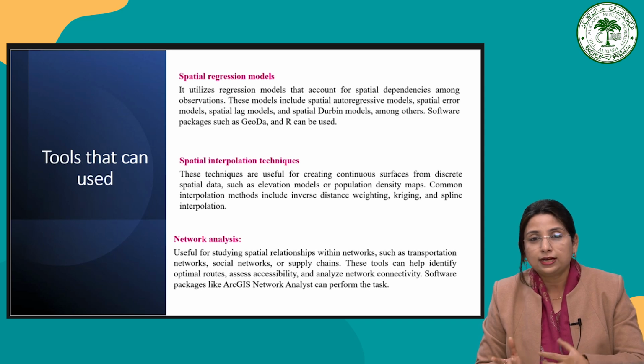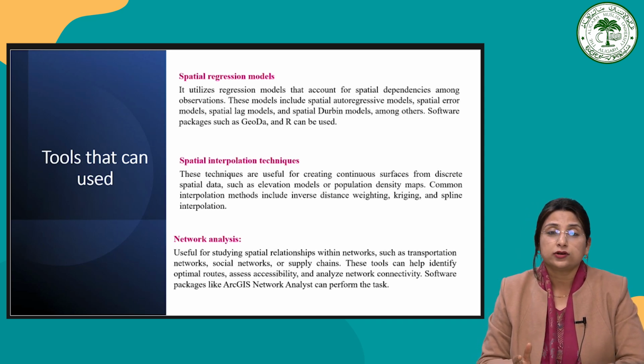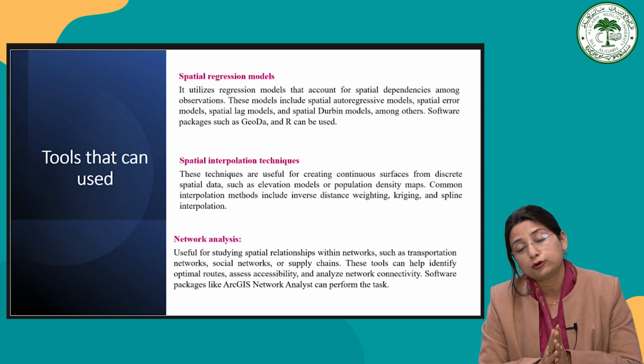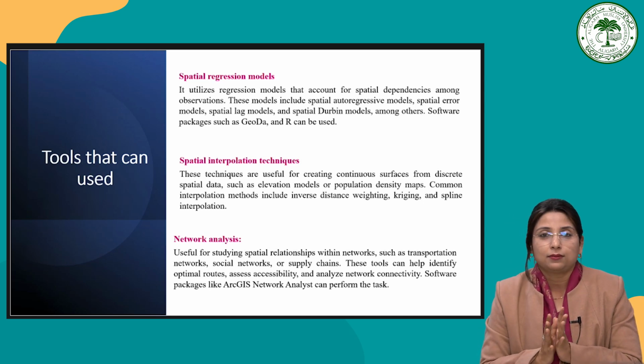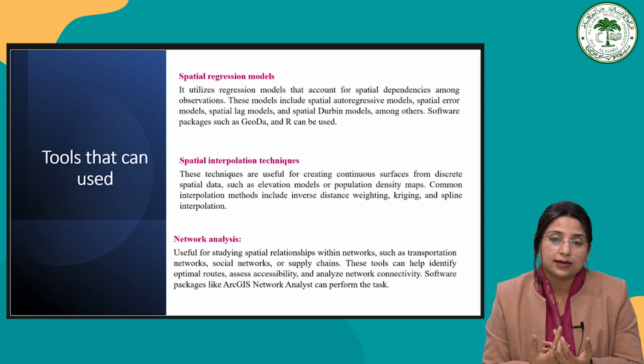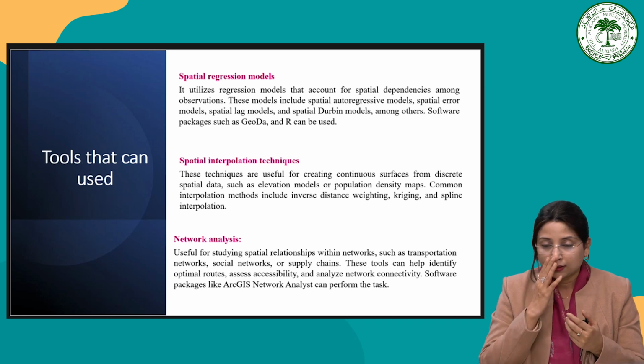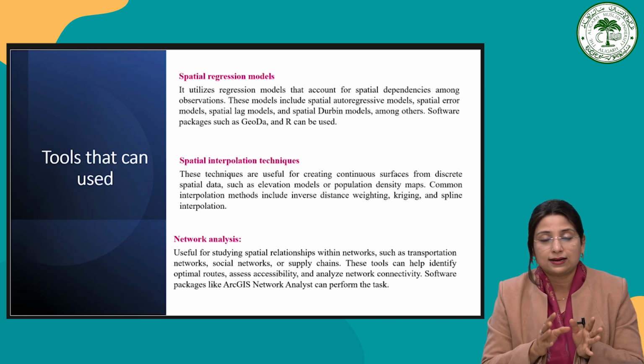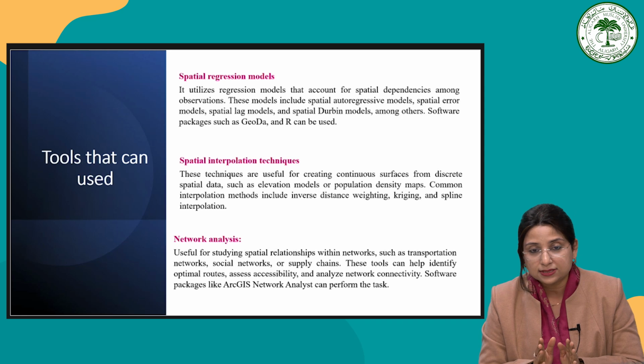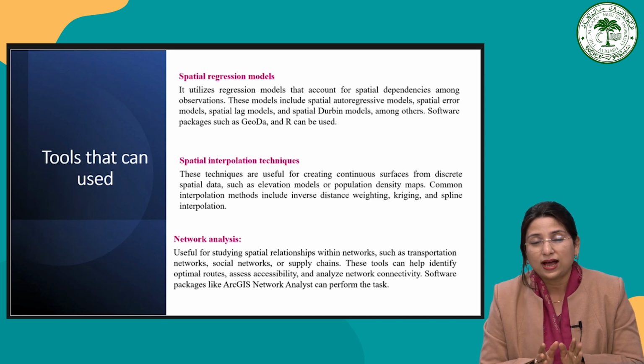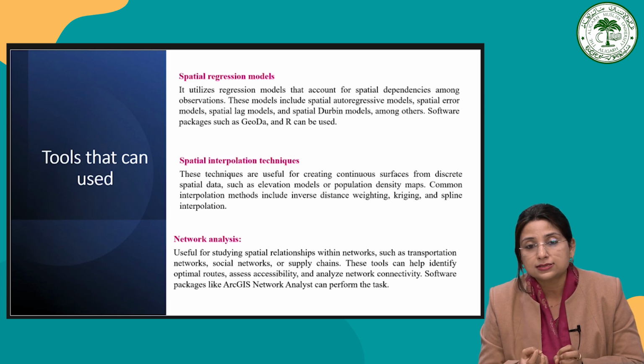Because many of the data we get are not continuous in nature. For example, in climate data, sometimes we see that certain intermittent data are missing. So in order to have continuous data, we use spatial interpolation techniques.